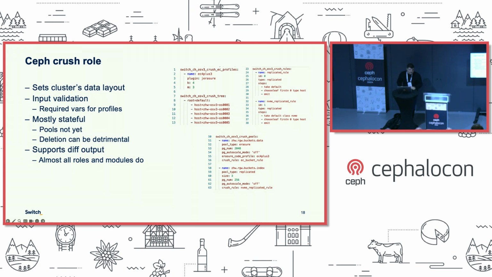So we are trying to find a safe way to still be stateful and safe at the same time. All of our roles support diff output. So for example, you can run Ansible with check and diff, and it will tell you exactly what it's going to do, so you know the expected output of the Ansible deployment.